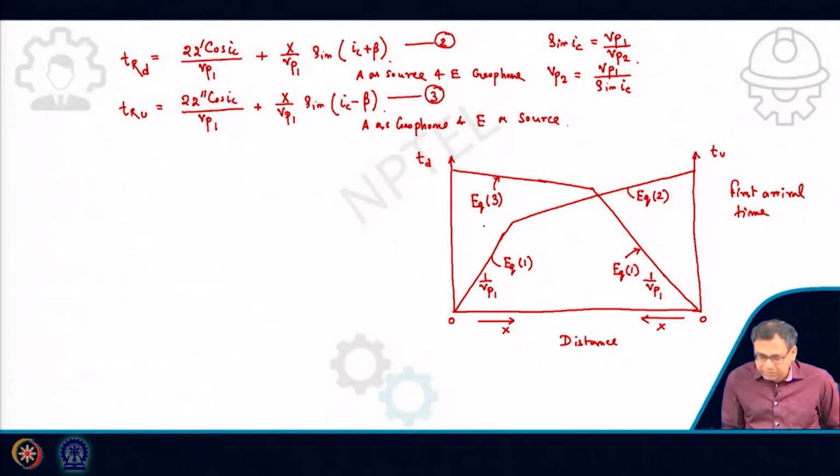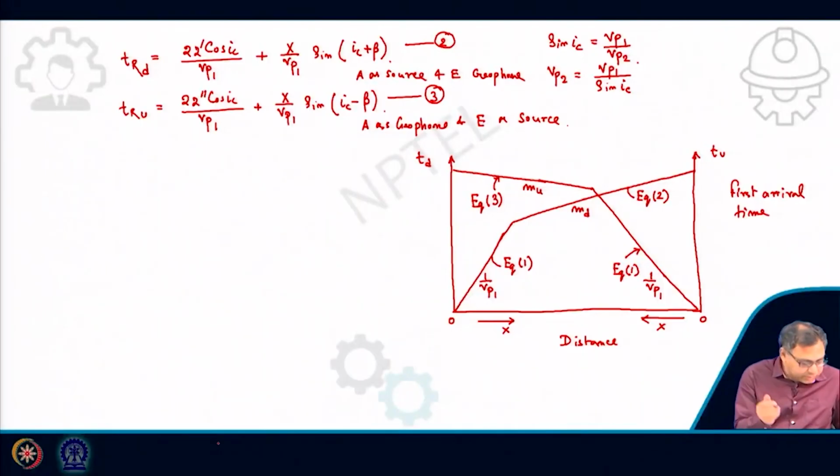So now you say that this is my MD, the slope for this portion, and mu is the slope of this portion. What is MD? MD is the slope of the second portion of the TD versus distance curve, and mu is the slope of the second portion of the TU versus distance curve.